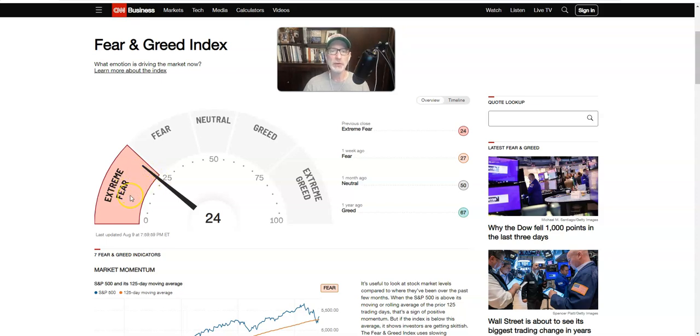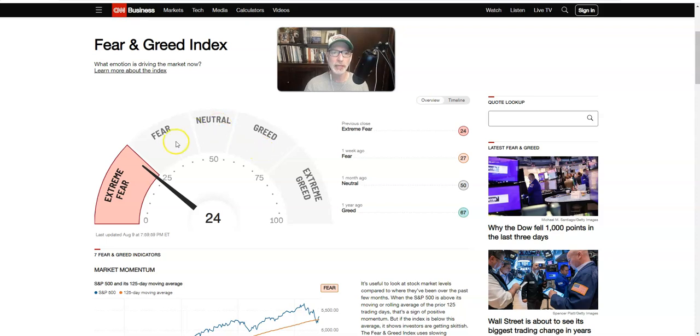When the fear and greed index gets to extreme fear, you know that the market is getting close to hitting a bottom. And when it goes to extreme greed, that means there's so much euphoria in the market it's bound to have some kind of sell-off at some point. And most of the time, it's going to move near the neutral range.